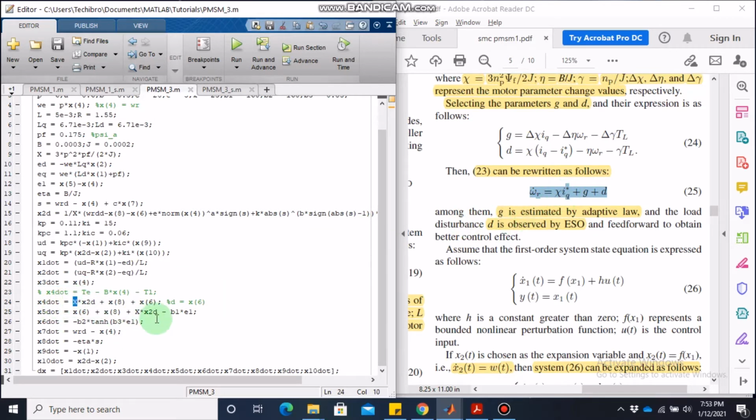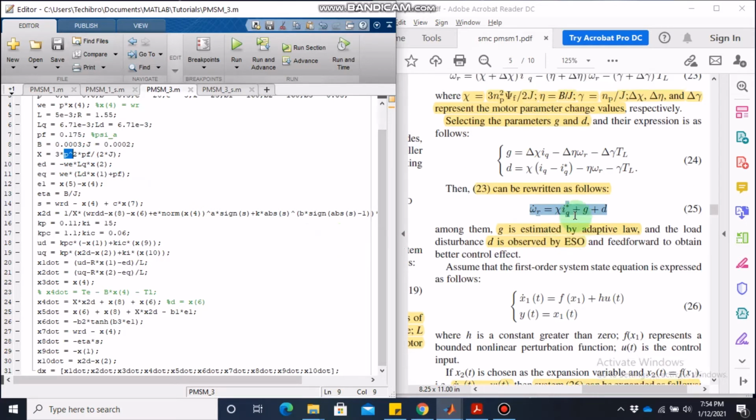As they have mentioned, this is 3 times p squared psi f divided by 2j. The value of j is given in the paper. I have used it from the paper. And psi f, I have already told you that psi f is not given, but psi a is given in the paper. Number of poles is not given in the paper.